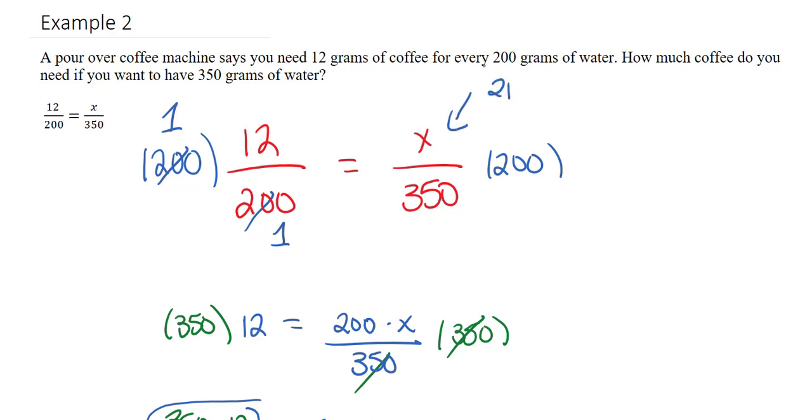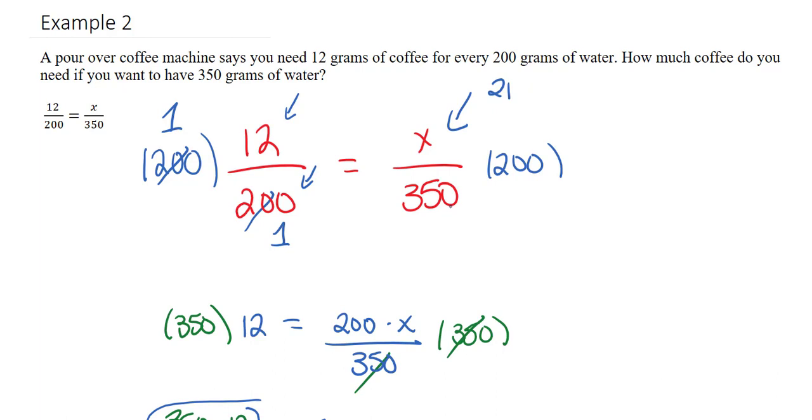That just means that we want to have the same strength of coffee. For 12 grams of coffee beans, we use 200 grams of water. And so we would use 21 grams of coffee beans with 350 grams of water to equal the same strength. And that's how proportions work.